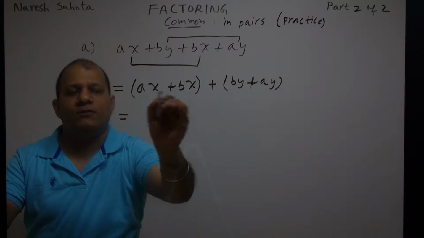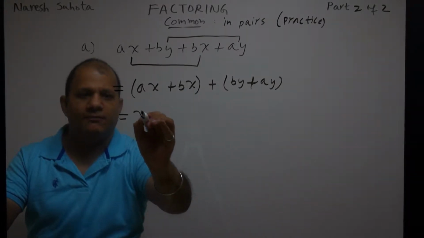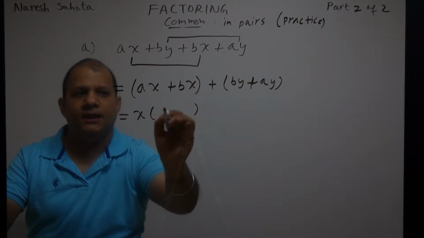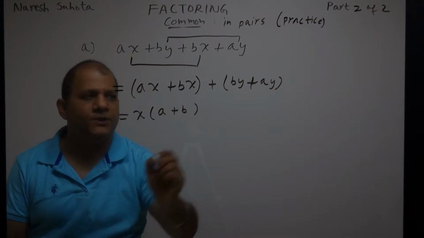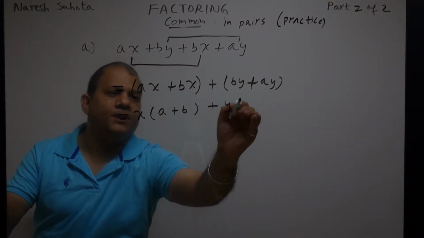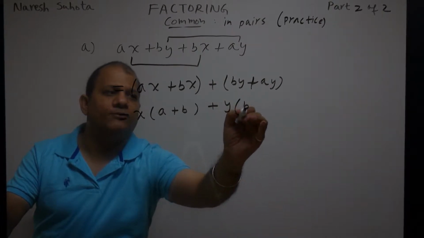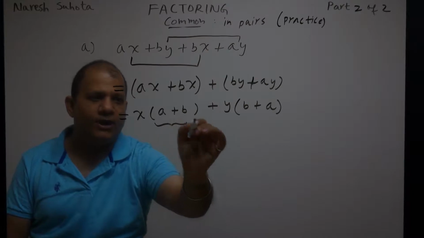Alright, so now common factor each bracket separately. From this bracket we can common factor x, and inside we're left with a plus b. From here we can common factor y, and inside here we're left with b plus a. So did we get the same bracket?